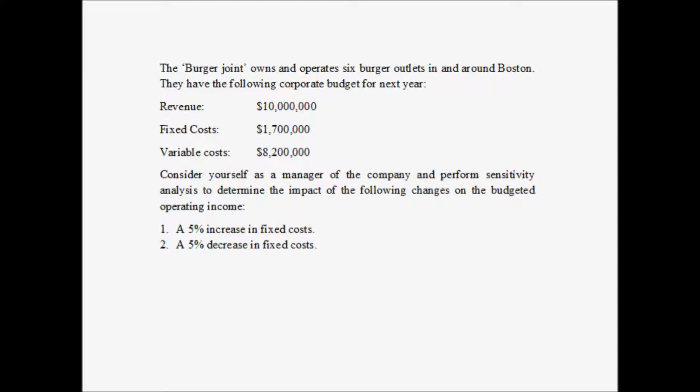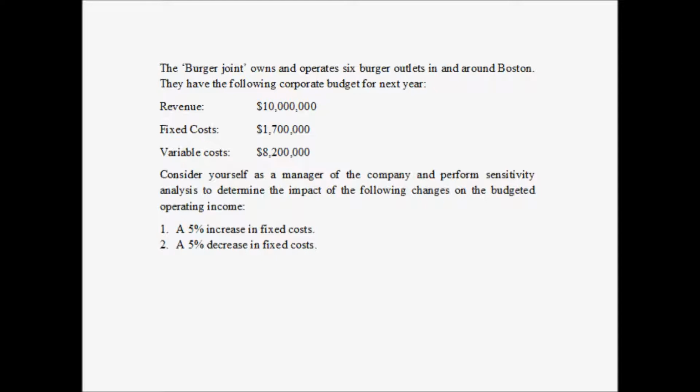Their fixed cost for the next year is going to be $1.7 million, while their variable cost is going to be $8.2 million. Now consider yourself as a manager of the company and perform sensitivity analysis to determine the impact of the following changes on the budgeted operating income.